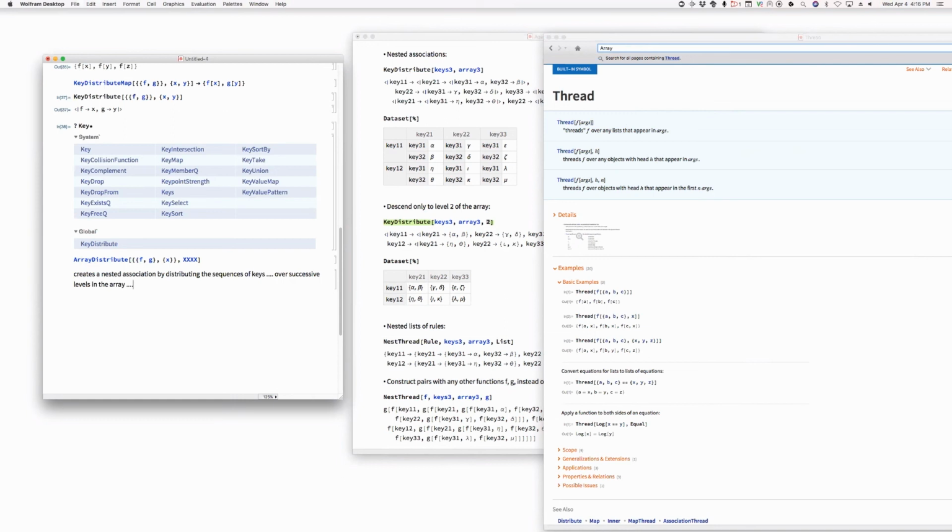I think that description is okay. Creates a nested association. What else would array distribute mean?